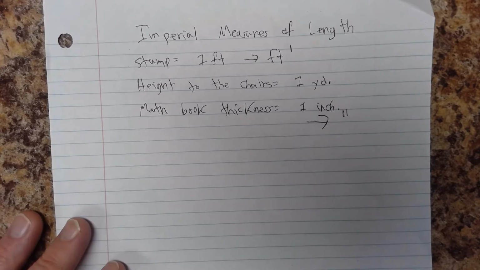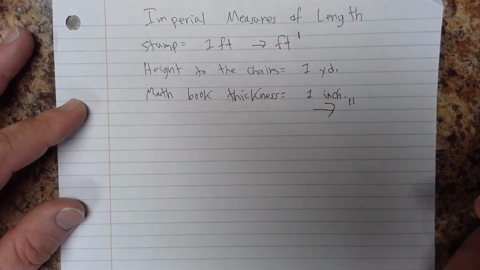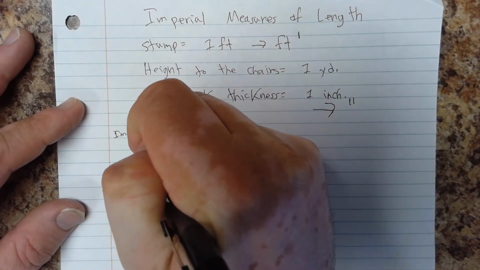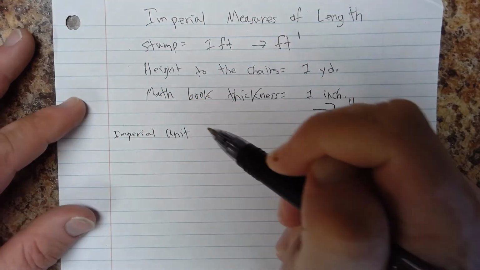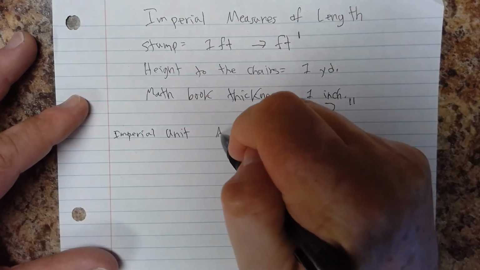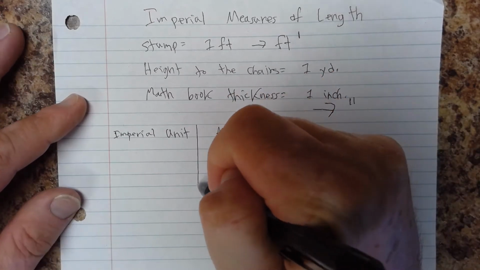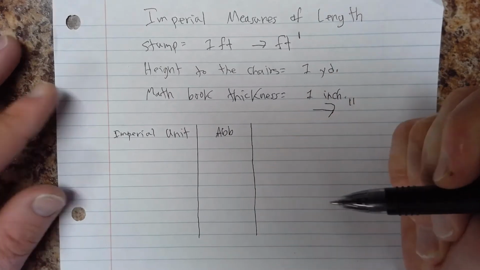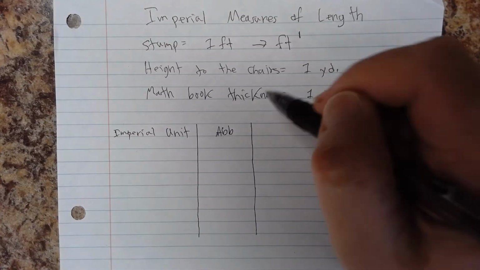Make this table in your notebook. The imperial unit, the abbreviation, which I'm going to do ABB, because I'm going to be running short of space here. Abbreviation, referent.